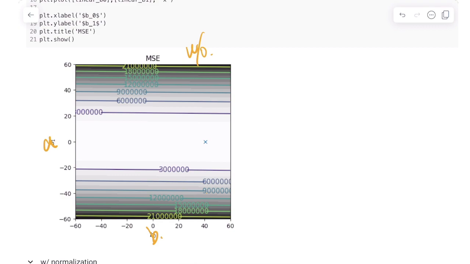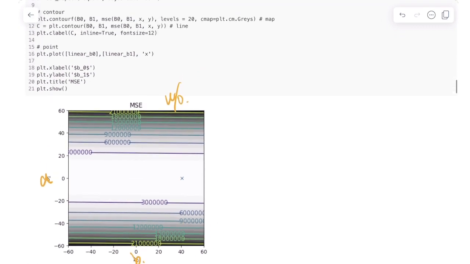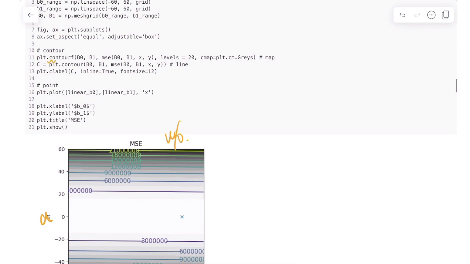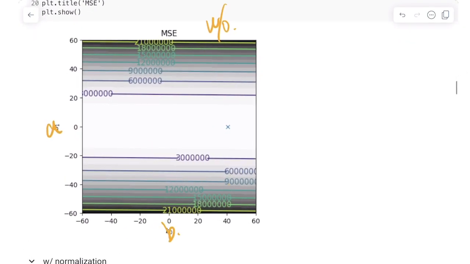Okay, we'll draw it in by using the contour figure. The line right here is the MSE value, and you can see that here is the minimum point of MSE.